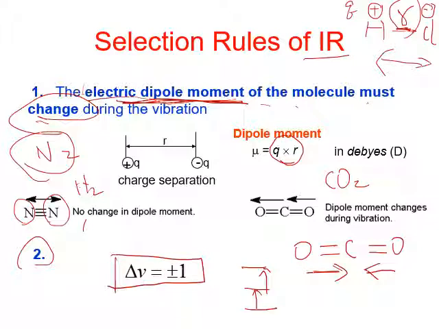And this will cancel the change, and therefore the dipole moment does not change, and this mode of vibration does not absorb light. However, it has another vibration mode where the bonds both go in the same direction, and this will change the dipole moment, and therefore this will absorb infrared. So CO2 may absorb infrared. Okay, one of the modes absorbs, one doesn't.